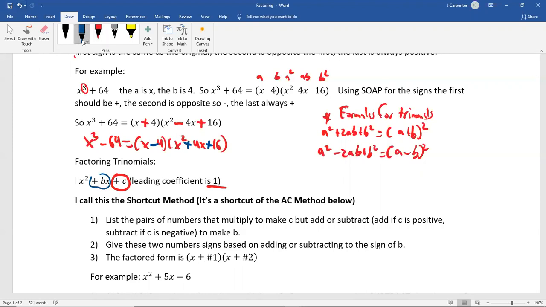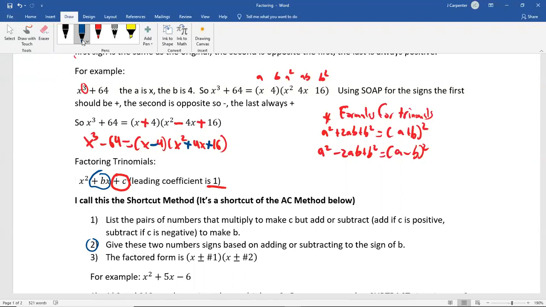We're finding pairs of numbers that multiply to the red thing, but add or subtract to the blue thing. How do you know whether you're adding or subtracting? It's based on the red number's sign, the C's sign. So you'll give them signs to make the B. So the blue is trying to make the numbers appropriately to that.